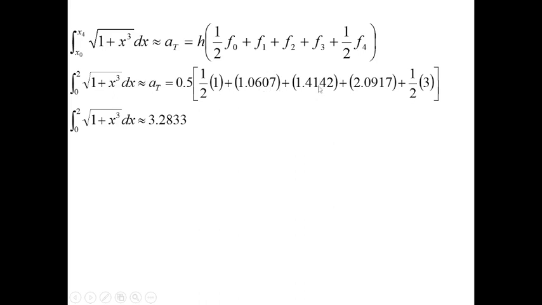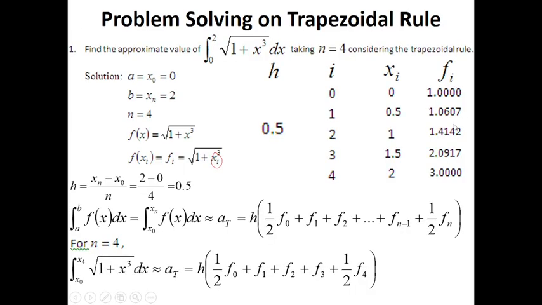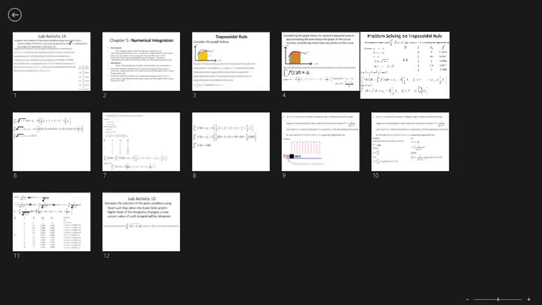So these are obtained from the table, right? So we have f sub 0, f sub 1, f sub 2, f sub 3, f sub 4. So there we have it. Then we will have an answer of 3.2833. So this is the approximated integral of square root of 1 plus x cubed dx. Alright, so I hope you get it.